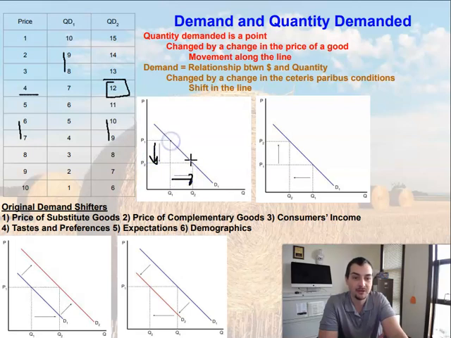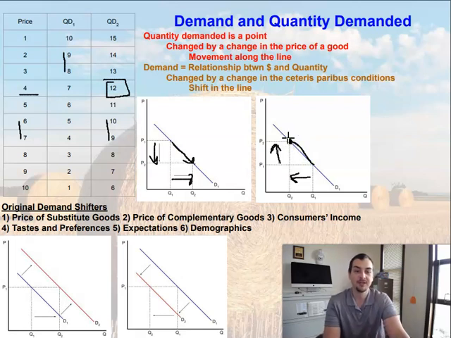A decrease in price is a movement down the demand curve, and we see quantity increase. Whereas if prices increase, like right here, quantity demanded falls, and it moves along the demand curve from this point to this point.